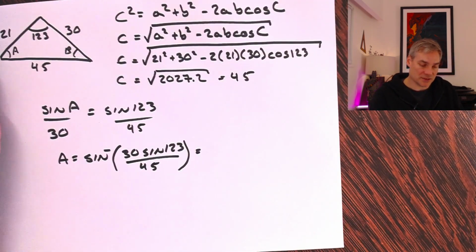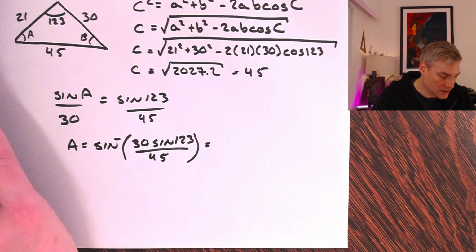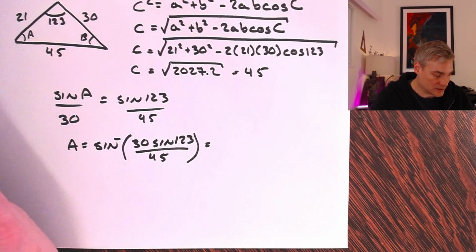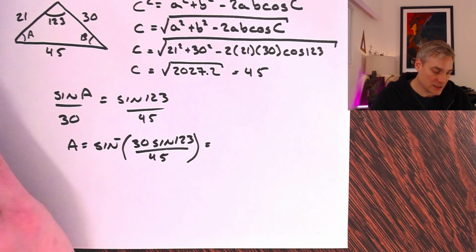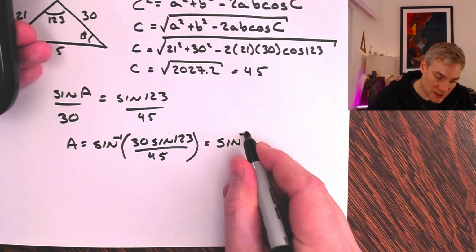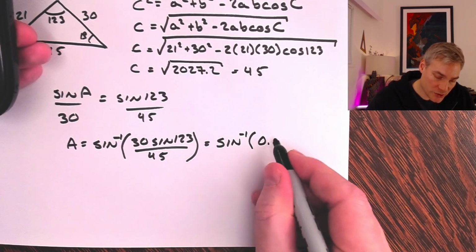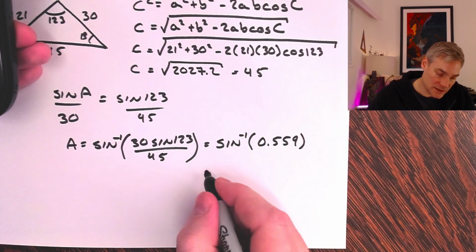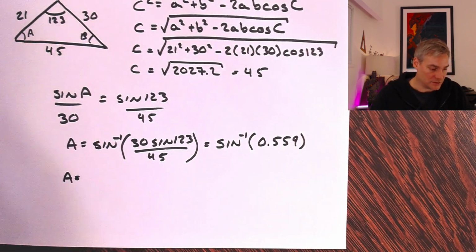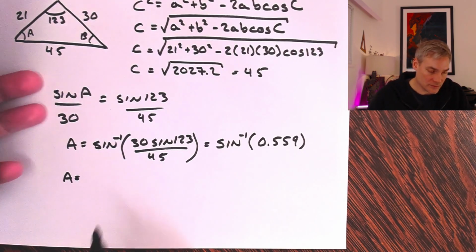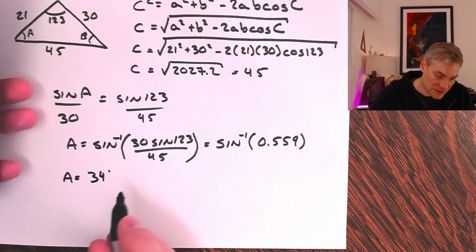And that just equals 30 divided by 45 times sine 123. Sorry, I missed that, the arcsine of 0.559. And this means A is equal to 34 degrees.